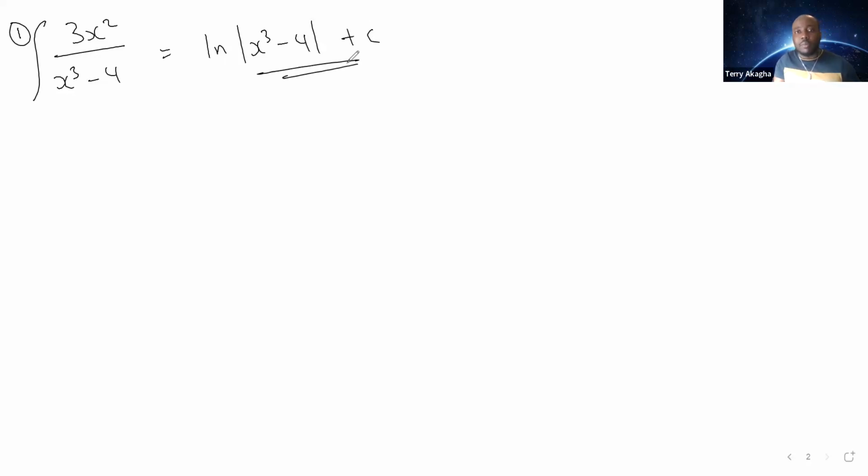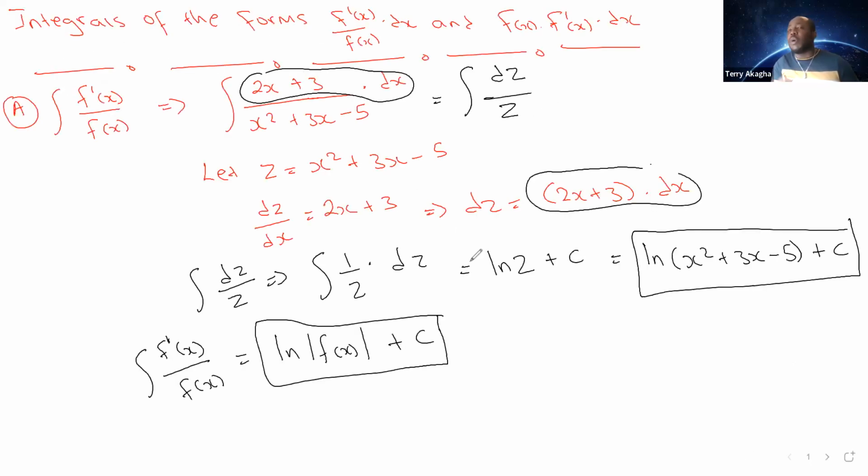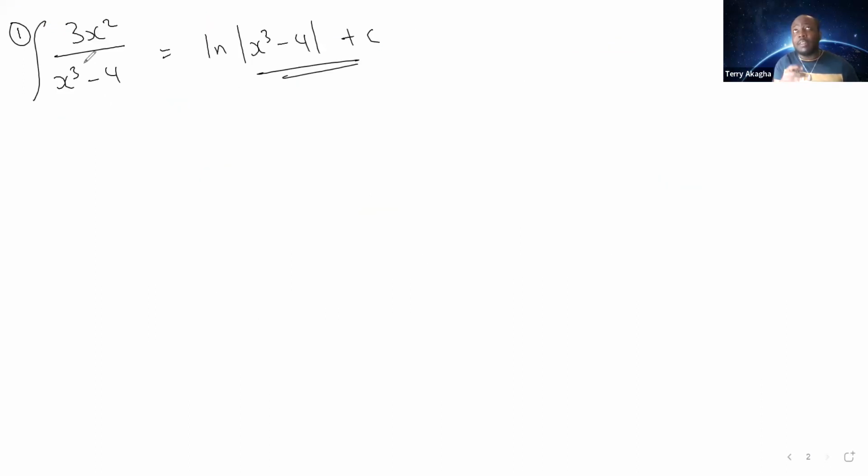That's it. We're done. In the previous slide, I was trying to show you how to arrive at the formula, but it is one of the standard forms. So if you differentiate the denominator and it gives you the numerator, it's going to be the ln of that.